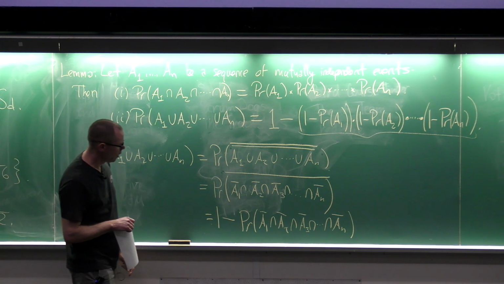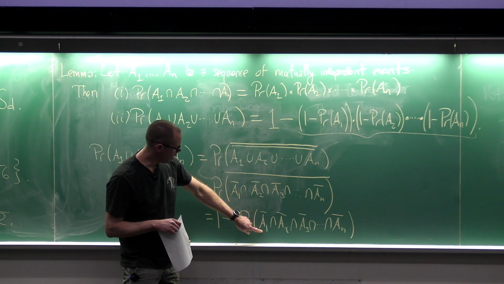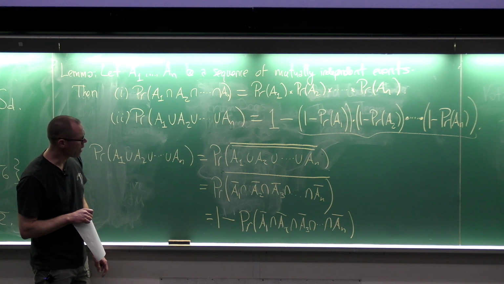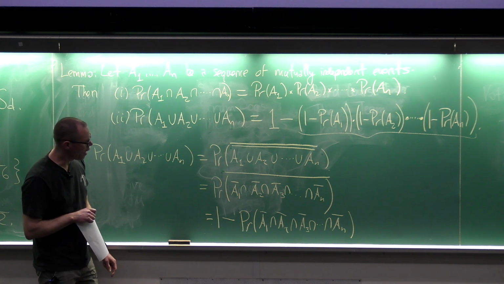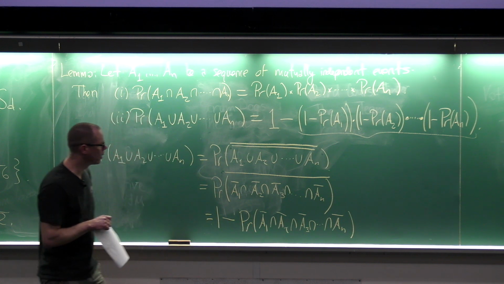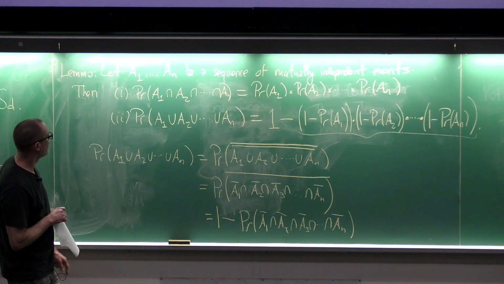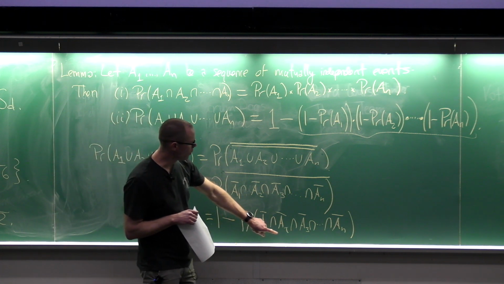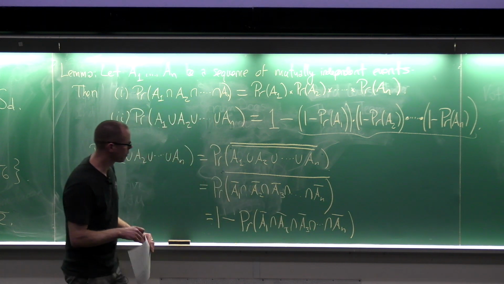And we saw a lemma last class that said if events are independent, then their complements are independent. So A1 through An are independent, therefore not A1 through not An are independent.